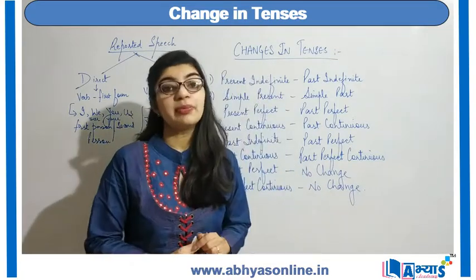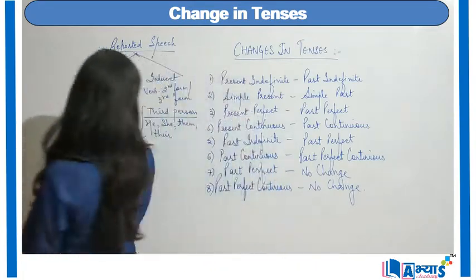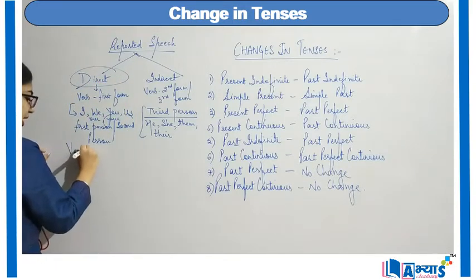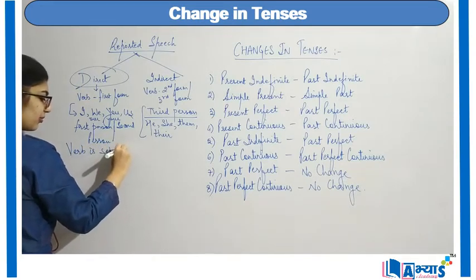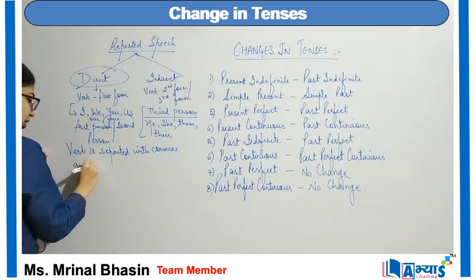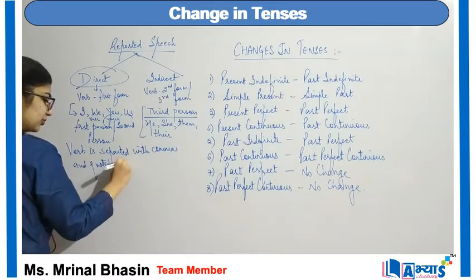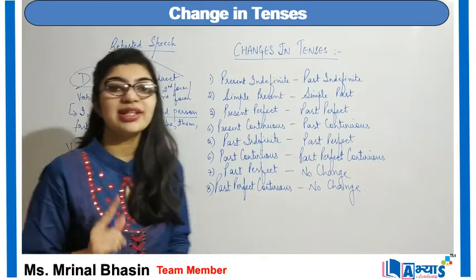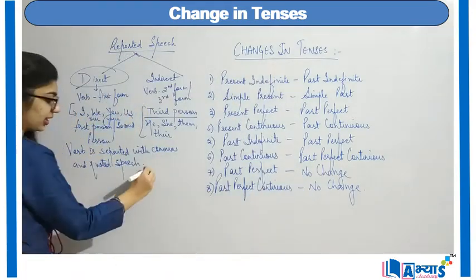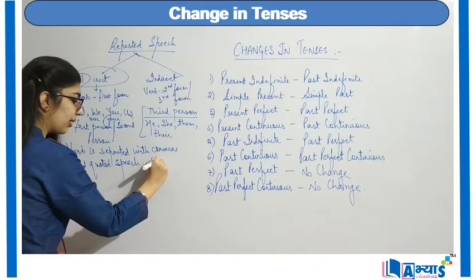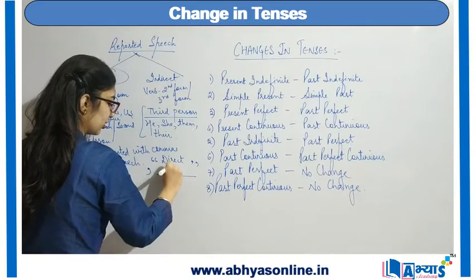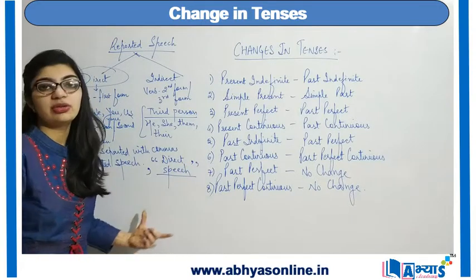Now, another important concept is that when we make use of direct speech, the verb is always separated with a comma and quoted speech, which means that the verb is separated with a comma and double quotes, and my direct speech will be in the double quotes, right?